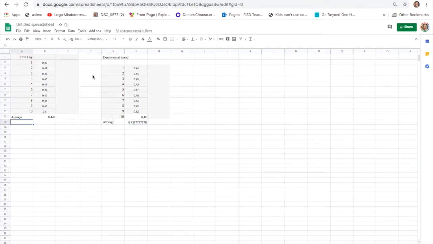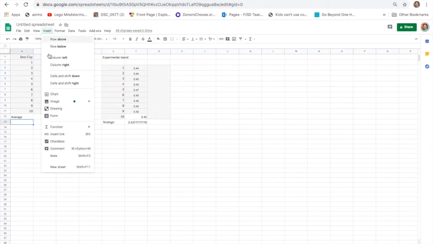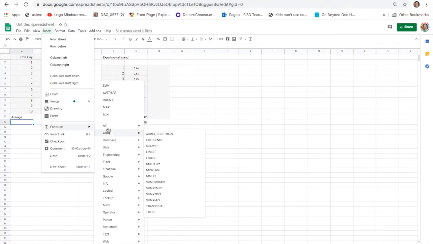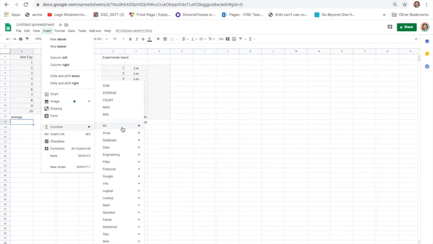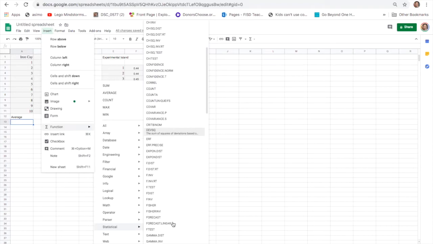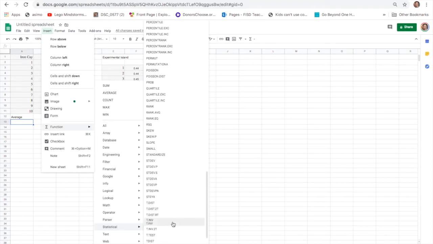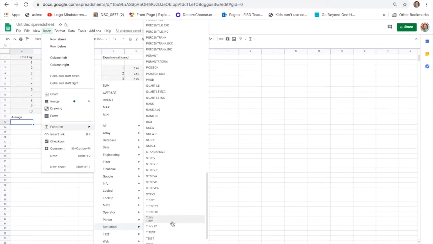And then for standard deviation, same thing. I want to look for statistical, standard deviation, STDEV.